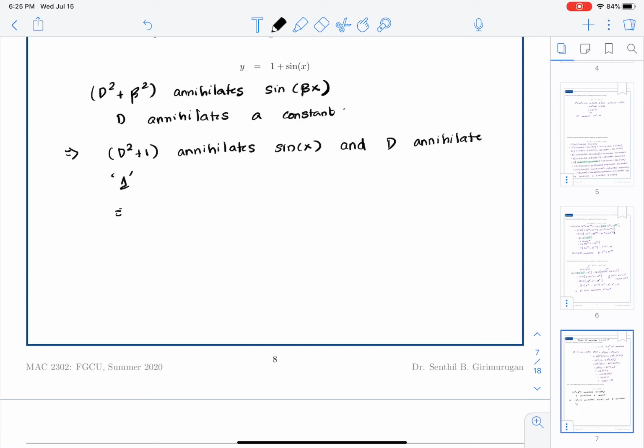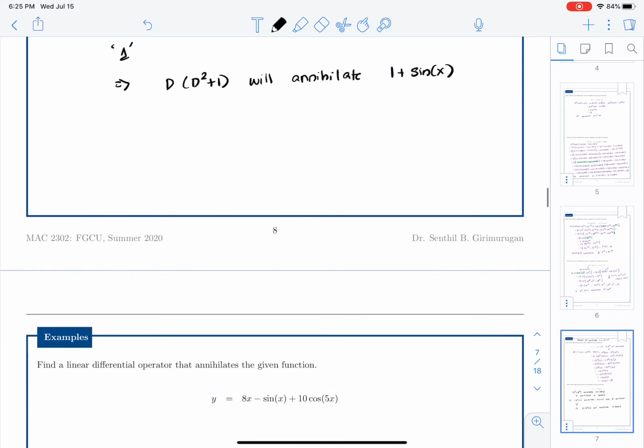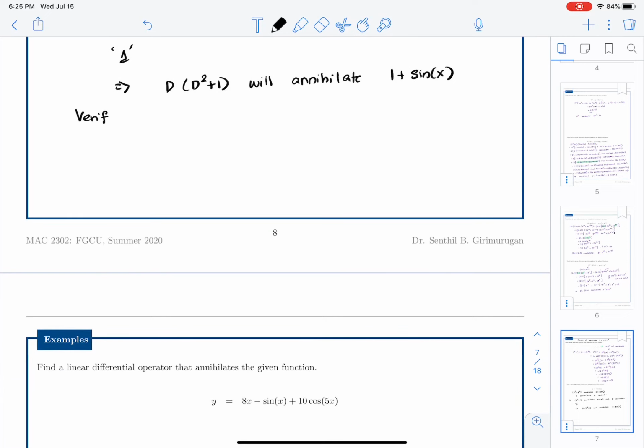So this would imply D times (D squared plus 1) will annihilate 1 plus sine x. We can quickly verify this. Once we get used to it, you don't have to verify, you just know.